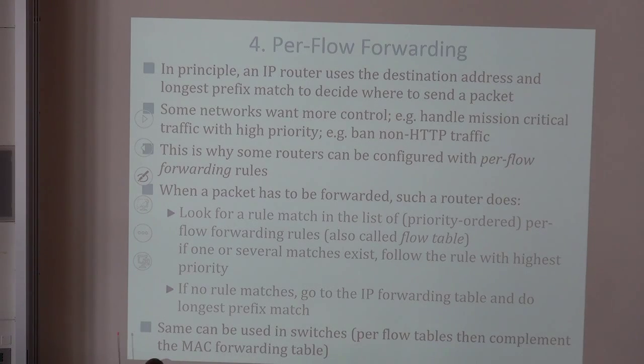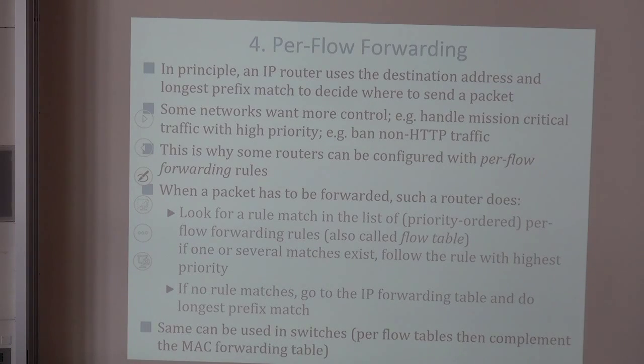In the lab, you have seen that it's possible to tweak this a bit. You can cheat, or you can do things like you do in a NAT by adding additional things. This is more and more being done, and it is in particular done in enterprise routers or even switches.